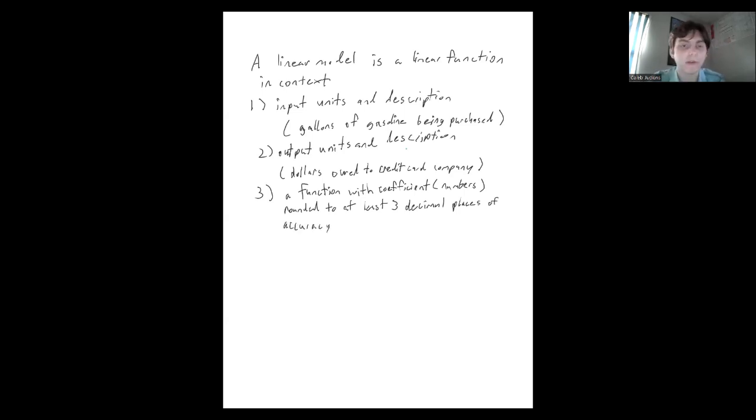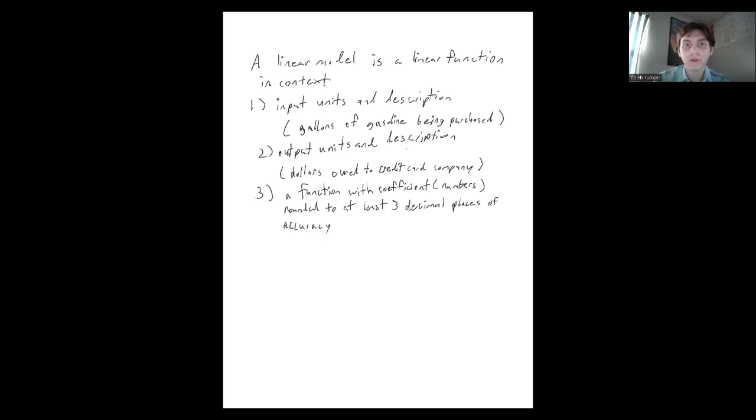My wording may be off there. Maybe it should just be a function with coefficients rounded to at least 3 decimal places, or a function with coefficients with at least 3 decimal places of accuracy. My wording is not exactly grammatically correct there, but we know what I'm saying. A function with at least 3 decimal places of accuracy, right?